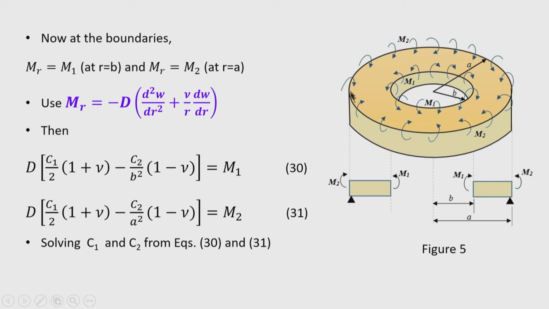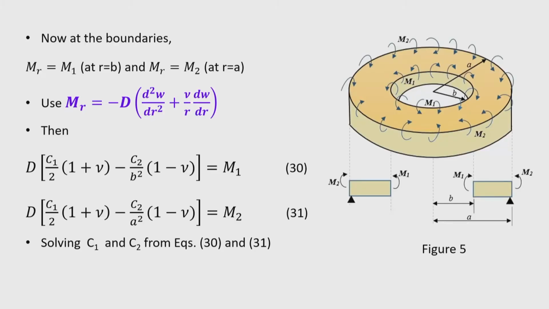So, it is bending under symmetrical moment, because if the moments are anti-symmetrical, the differential equation cannot be used. So, M1 is existing at the inner edge. Therefore, at r equal to b, we equate the bending moment Mr to M1.